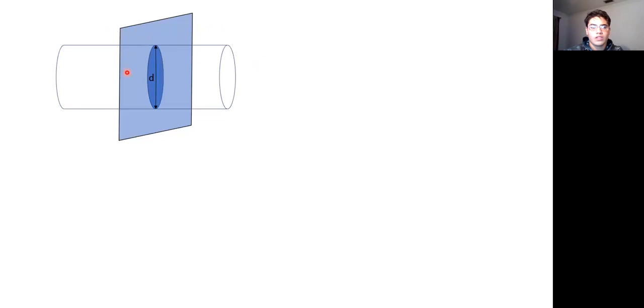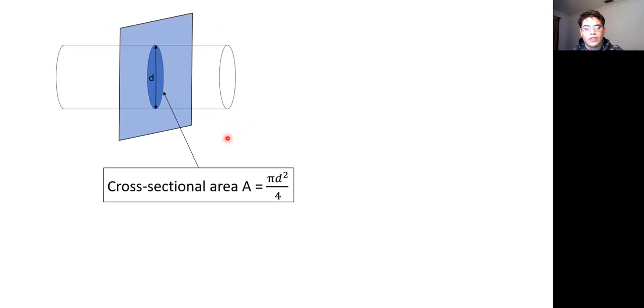This is the cross-section of the wire or any type of resistor. And this is the area that the equation is talking about. The area of this cross section of a cylinder is going to be pi diameter squared over 4, where d is the diameter.